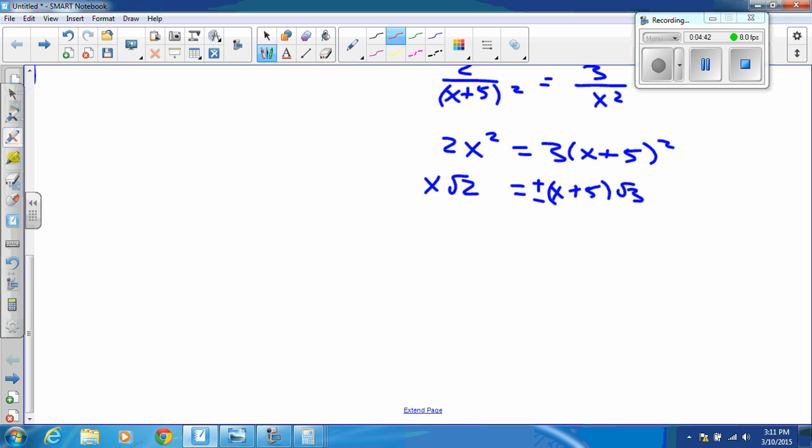So this gives me 2 different equations. The square root of 2 is 1.41. The square root of 3 is 1.732. So this is my first equation with the positive root, and this is my second equation with the negative root.